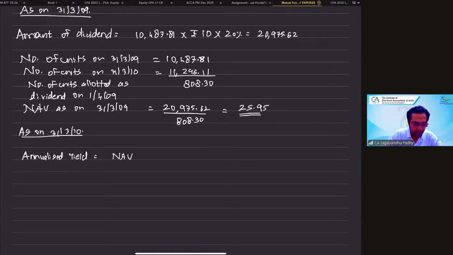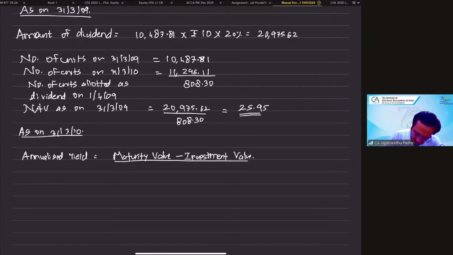NAV, or not NAV, we'll just say maturity value, because we have sold it, right? Maturity value minus investment value. We have not received any dividend in the form of cash. So we can simply say it's maturity value minus investment value upon investment value.